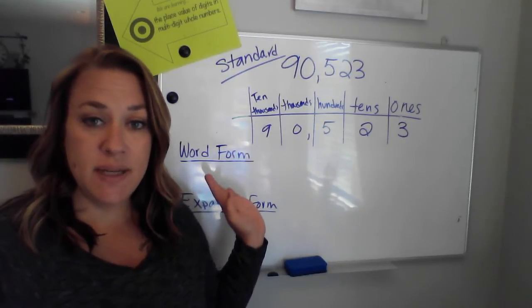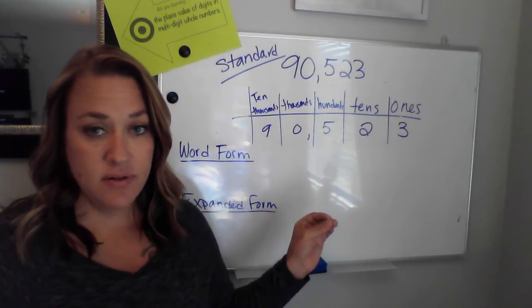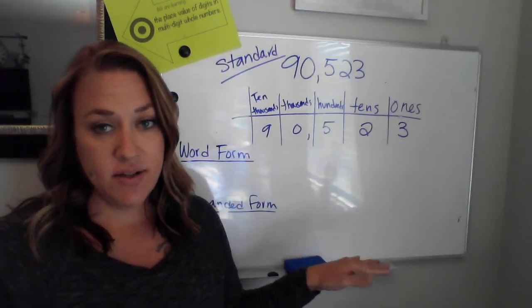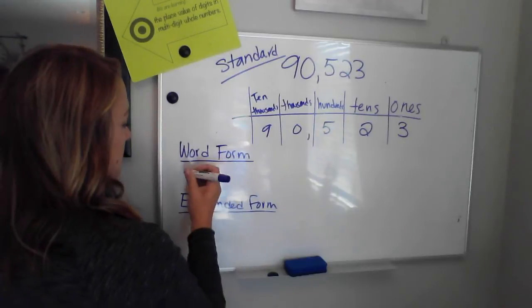So word form, as I mentioned on the vocab card, is only using words. So just as I read the number is how I'm going to write it. So it's going to look like this. We read it as 90,000.